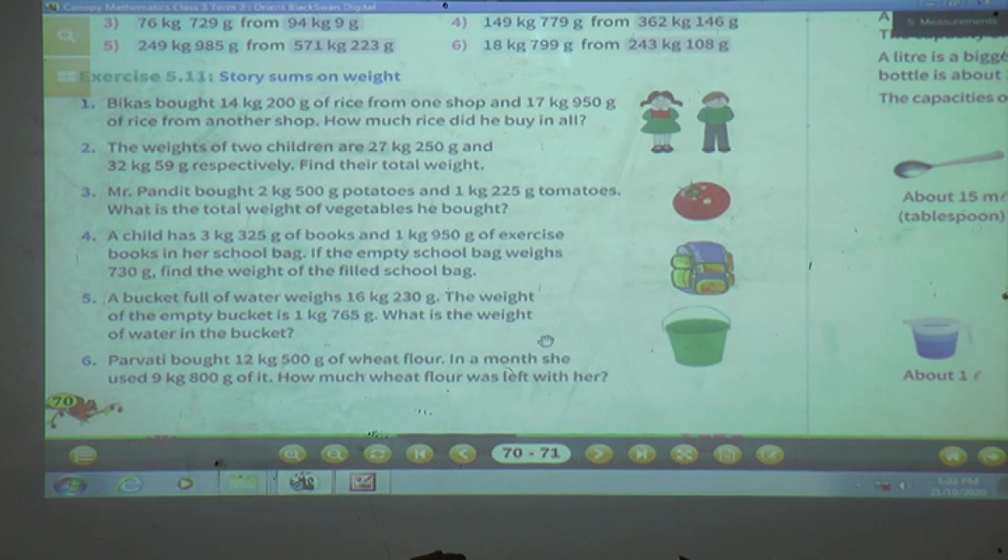If the empty school bag weighs 730 gram, find the weight of the filled school bag.